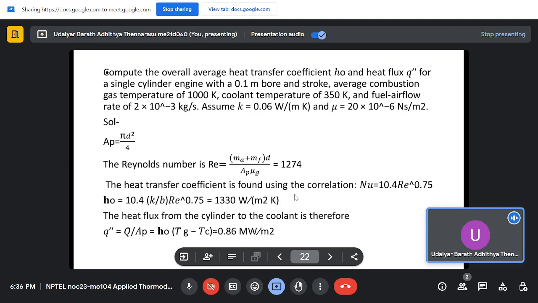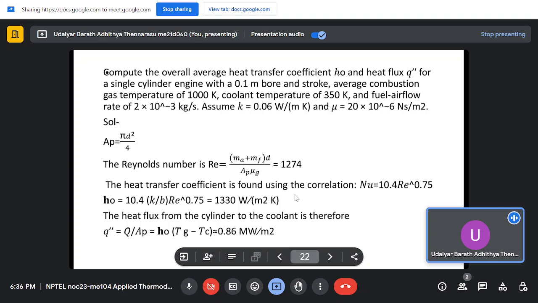So we know all the parameters. On substituting, you will get heat transfer coefficient as 1330 watt per meter square Kelvin. So this is an overall, average heat transfer coefficient.